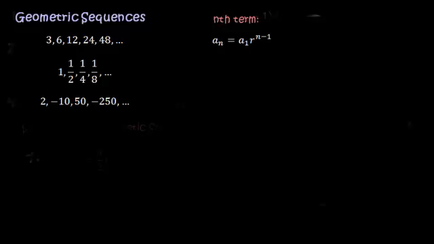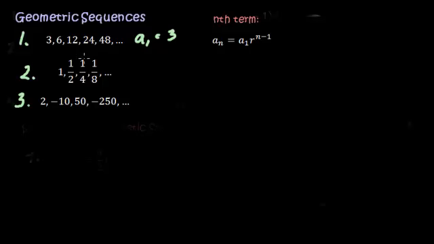All right, now just a little snapshot of geometric sequences. I've listed 3 of them here for you: 1, 2, and 3. For sequence number 1, we're going to need to know what the first term is. A1 is 3.